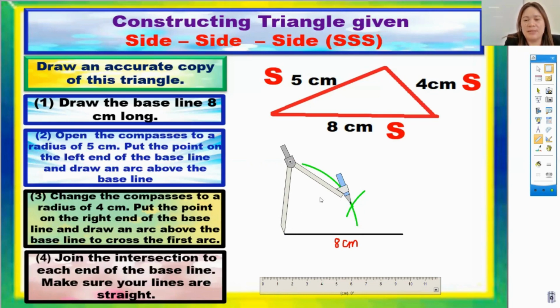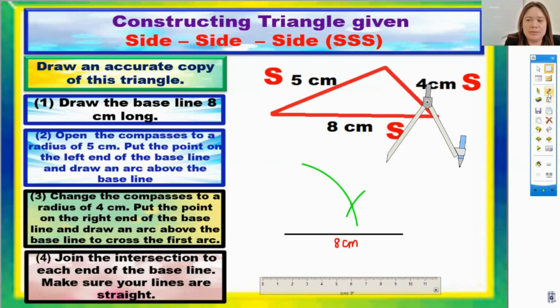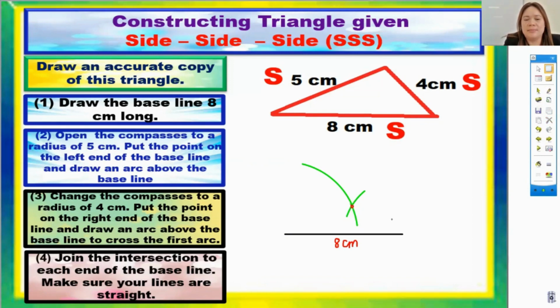All right, so there you have it. We have already the 2 intersections. So the point of intersection here, if you try to locate the point of intersection of the 2 arcs here. So join the intersection to each end of the baseline. I'm going to join the intersection using a straight line with the use of a ruler and a straight edge.